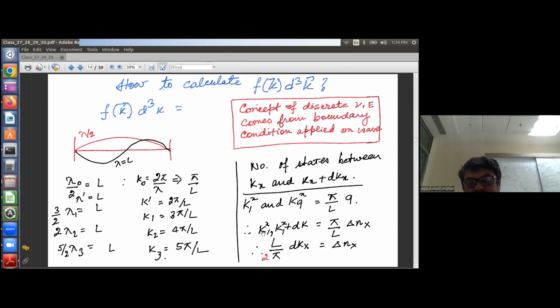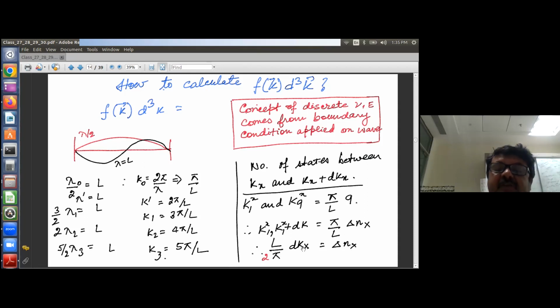Depending upon what your value of k is and what your value of dk is, you can see the allowed values of k for this set of boundary conditions, and we're going to soon change the boundary conditions, by the way. The wave vectors which are allowed are pi by L, 2 pi by L, 3 pi by L, 4 pi by L. So basically, it increases by pi by L, and the number of wave vectors between k1x and k1x plus dkx is basically pi by L into delta nx, and then delta nx, the number of wavelengths, depends upon L by pi dkx.